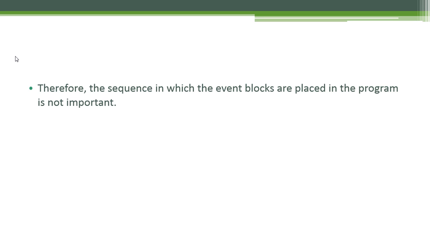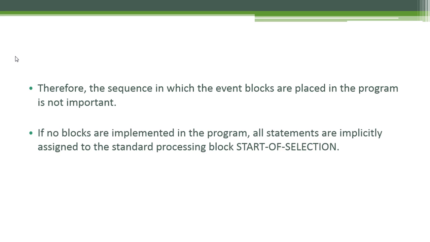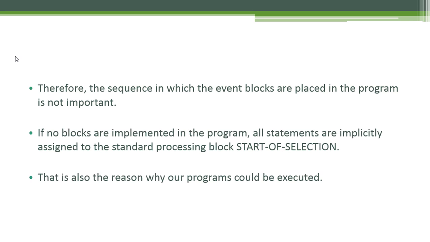Therefore, the sequence in which the event blocks are placed in the program is not important. If no blocks are implemented in the program, all statements are implicitly assigned to the standard processing block start of selection. That is also the reason why our programs could be executed.